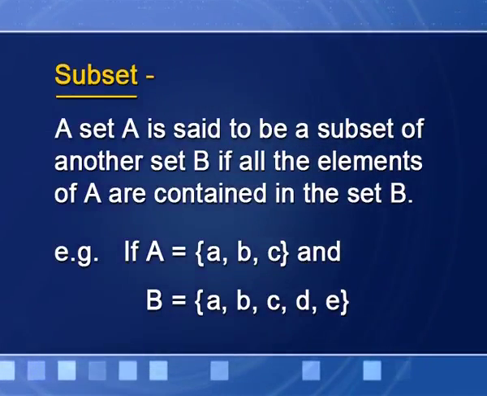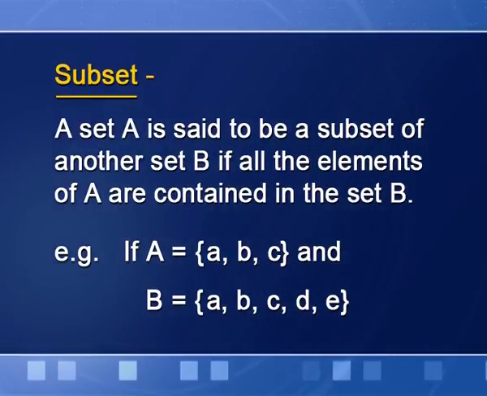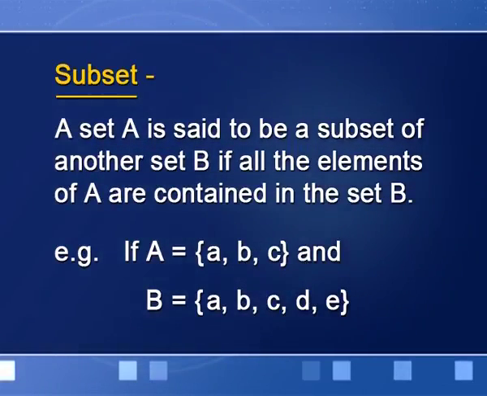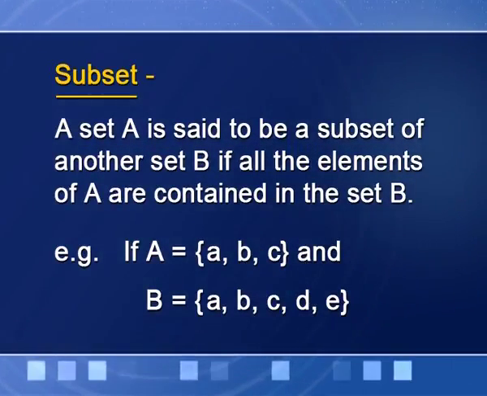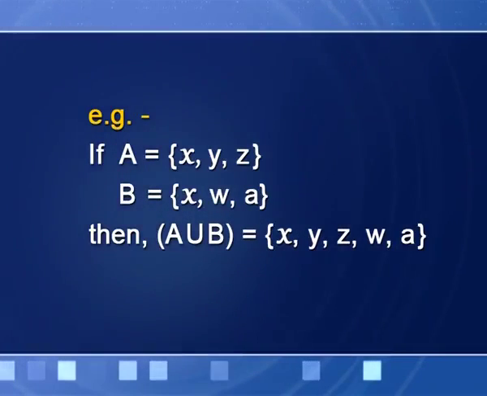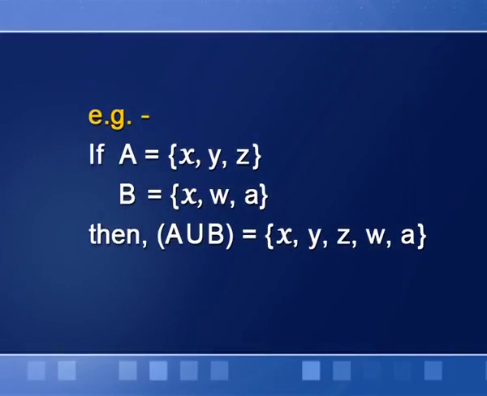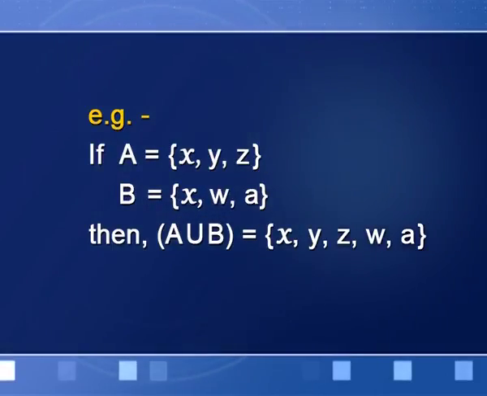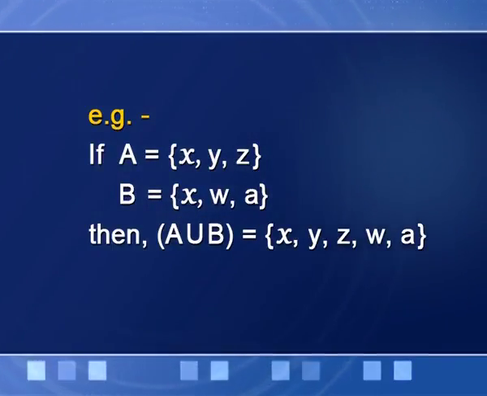What we are observing here is that all the elements of the set A, which are a, b and c, are present in set B. So it means A will be the subset of the set B, and it is denoted by the symbol A ⊂ B.